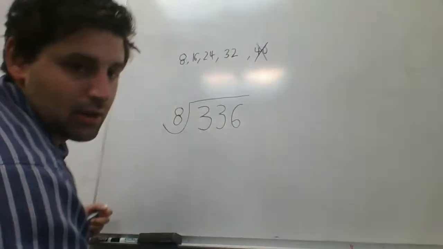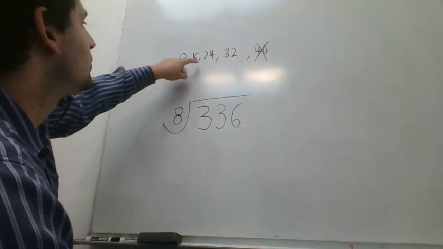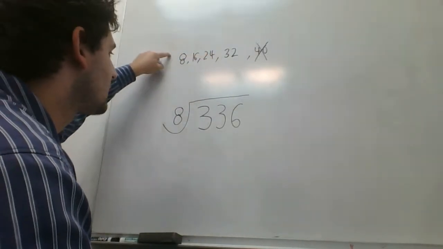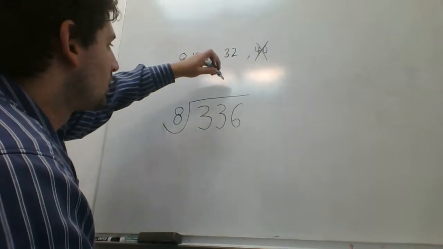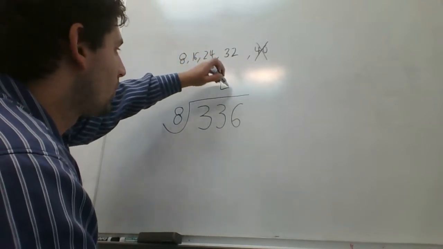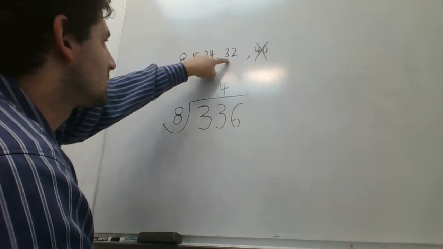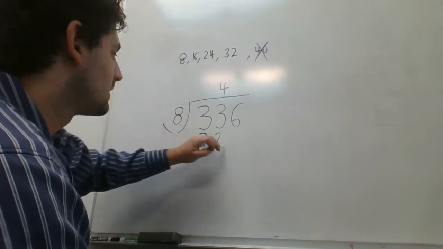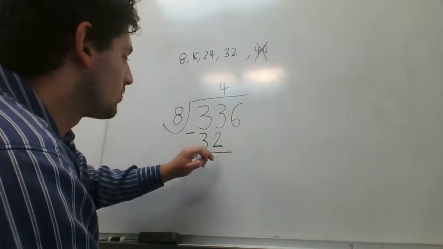But I was able to get 4 groups of 8 within 33. So I was able to count by 8 four times before going over the number 33. So 33 divided by 8 equals 4. There is a remainder there. Since 32 was as close as I could get to 33 without going over, that's what I'm going to subtract. 33 minus 32 equals 1.